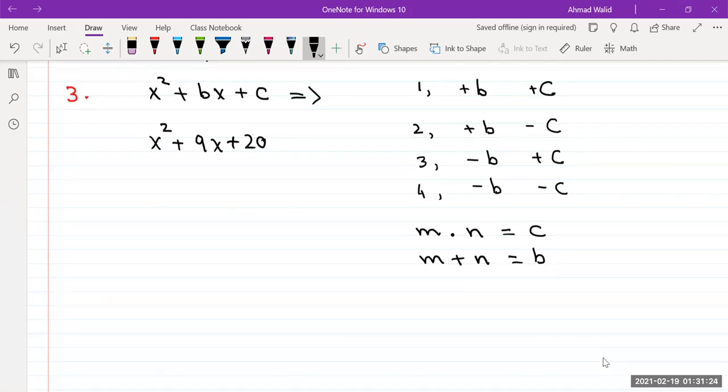How to find those numbers? Always look for the possible factors of C. If I explain it in general form, you will not understand. Here, my C is 20.